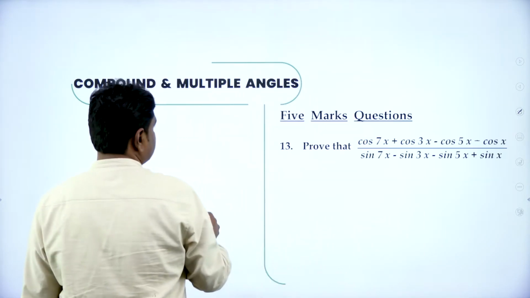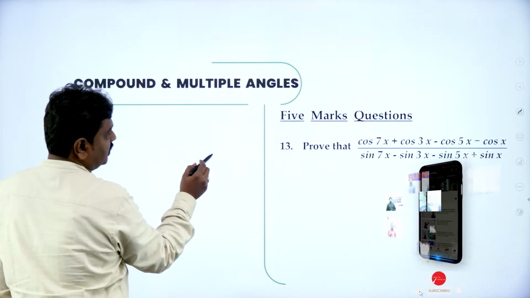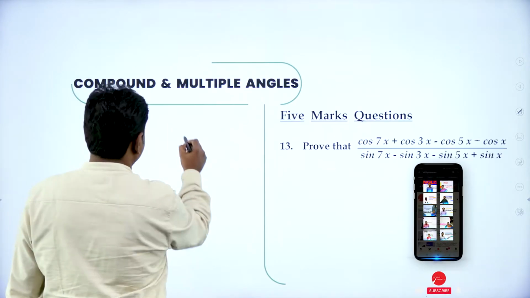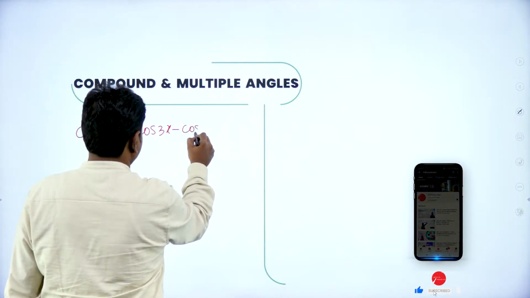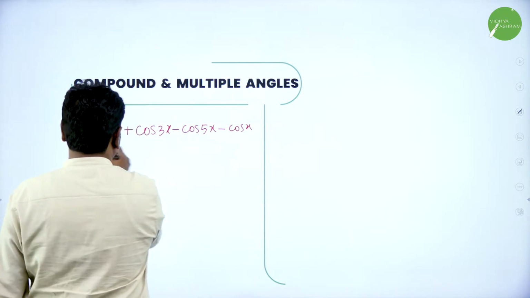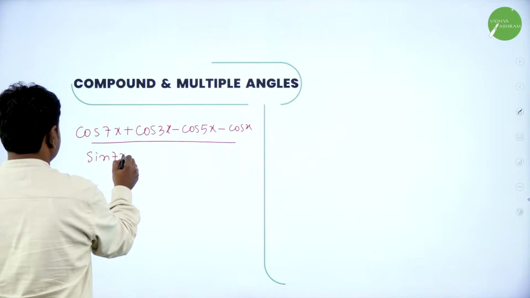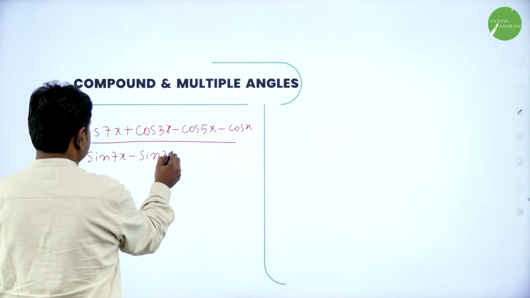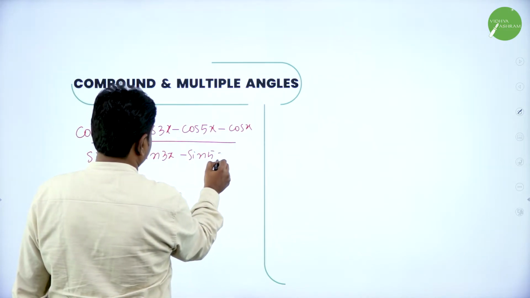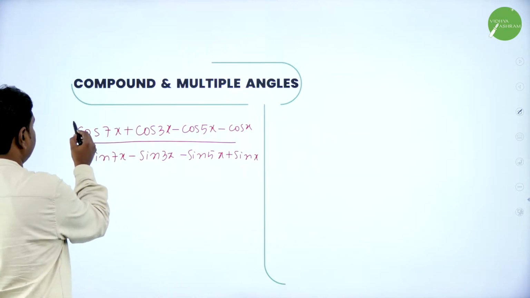In LHS they give cos 7x plus cos 3x minus cos 5x minus cos x, divided by sin 7x minus sin 3x minus sin 5x plus sin x. See here, in the numerator we will group these two.